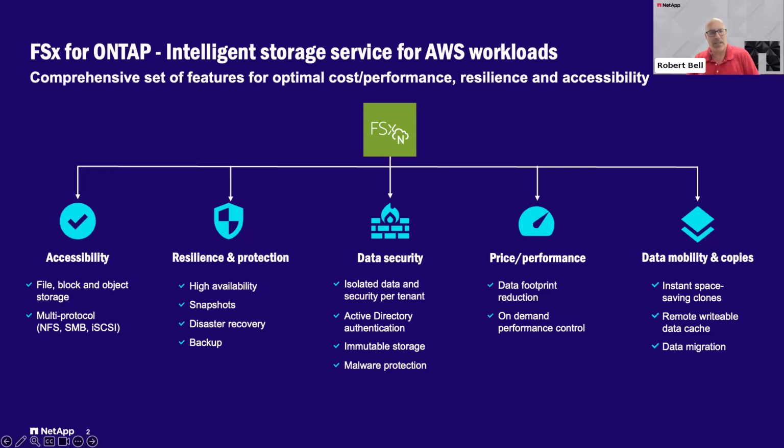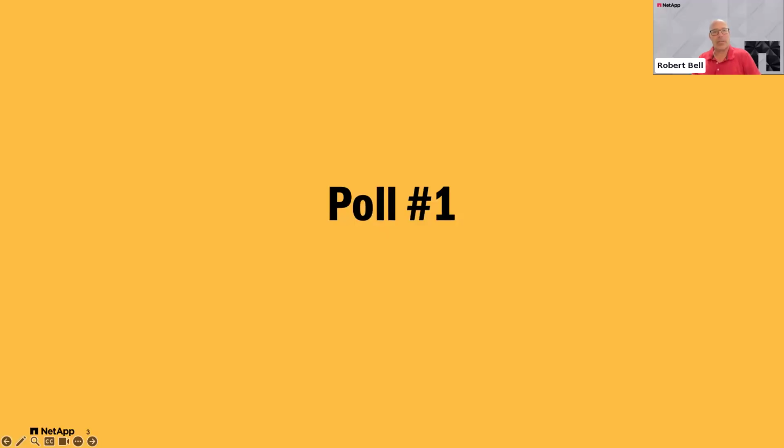Before I go into the details, we want you to participate a little bit, just to give us an idea of how familiar you are with the topics we're going to be talking about. So we'd like to start with a poll. You'll see a question appear on your screen, and you can choose the answer that's most suitable for you, and then we will address that in the rest of the session.